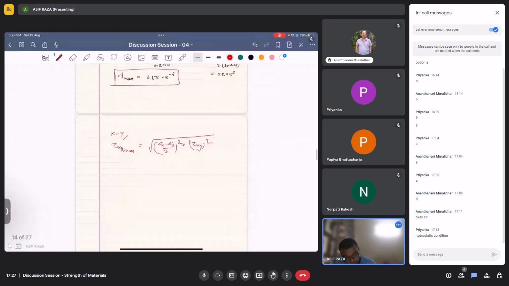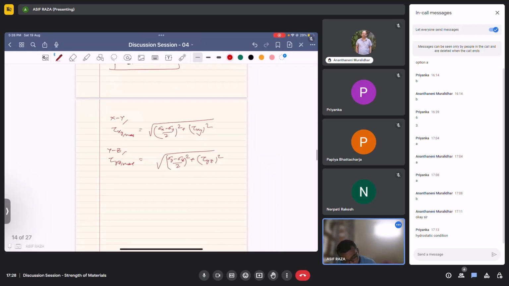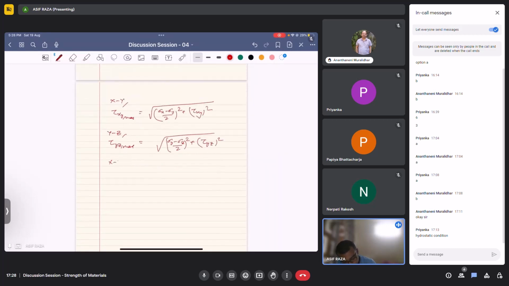Similarly, in the case of yz, tau yz max is equal to root of sigma y minus sigma z by 2 whole square plus tau yz square, and in the xz plane, tau xz max would be equal to root of sigma x minus sigma z by 2 whole square plus tau xz whole square.